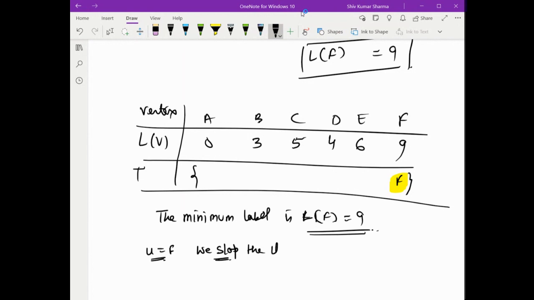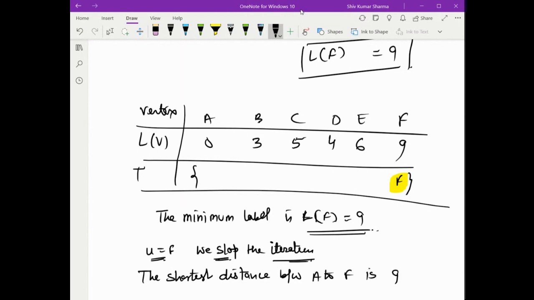Stop the iterations because F is the final vertex. So the shortest distance between A and F is 9.